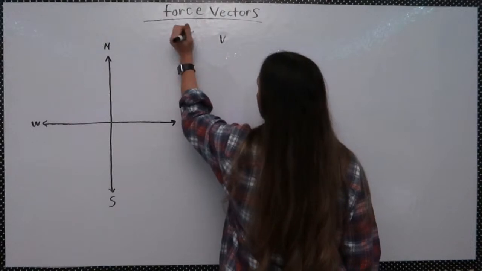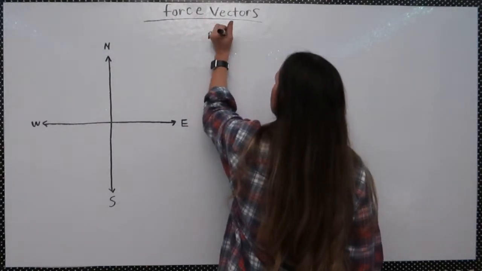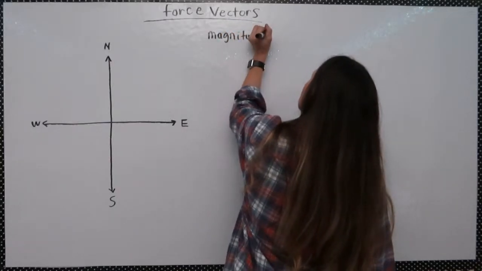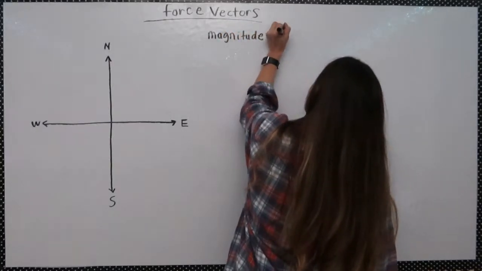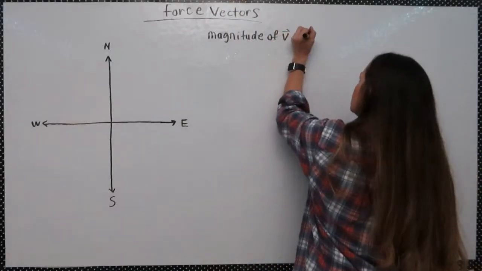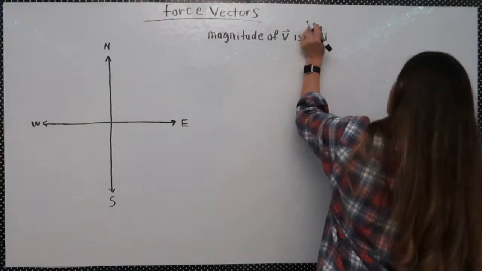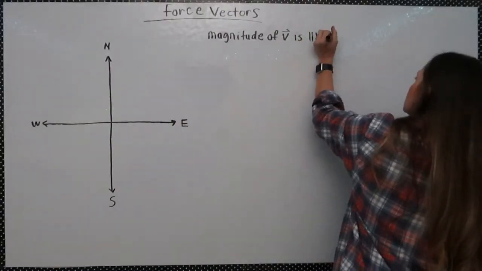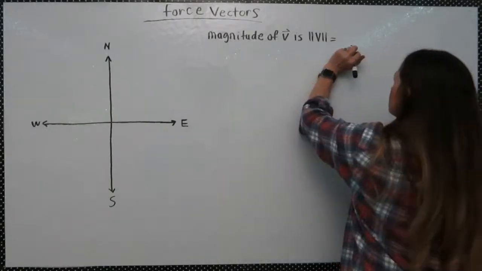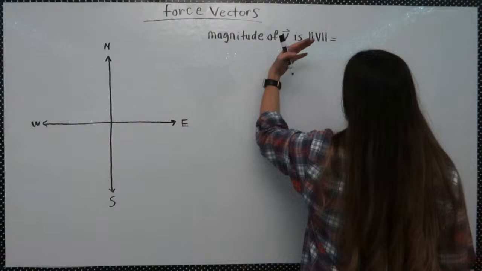Magnitude. The magnitude of V, your vector V, is said to be, and this is how you represent magnitude, usually there's something over the top, and it's taken from the Pythagorean. So the magnitude is the diagonal.